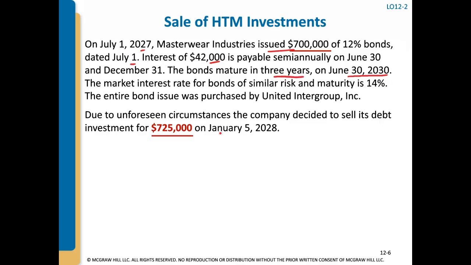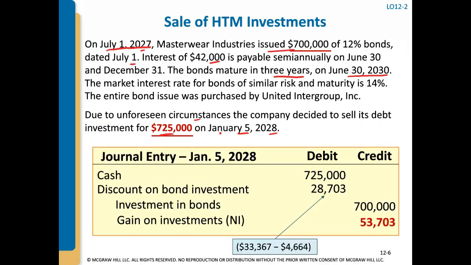We have accounted for this investment as held to maturity because when we purchased it on July 1, 2027, our full intent and ability was to hold it for 3 years. But due to unforeseen circumstances, the company decided to sell its debt investment for $725,000 on January 5th, 2028. So for whatever reason, we've sold it.